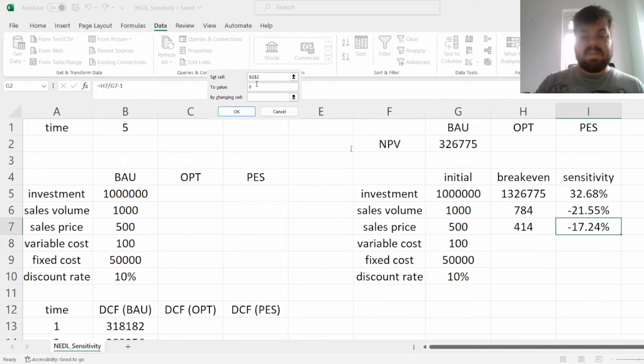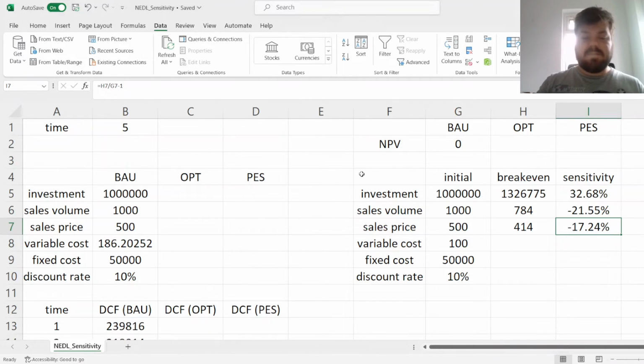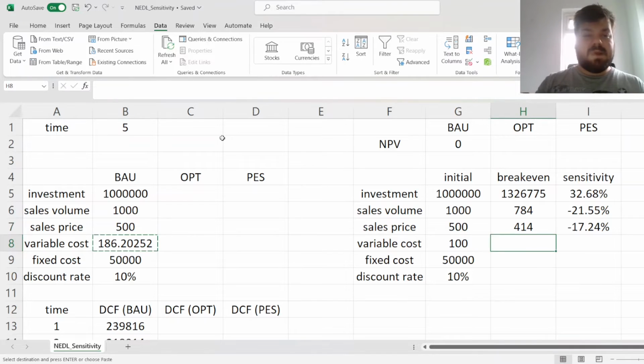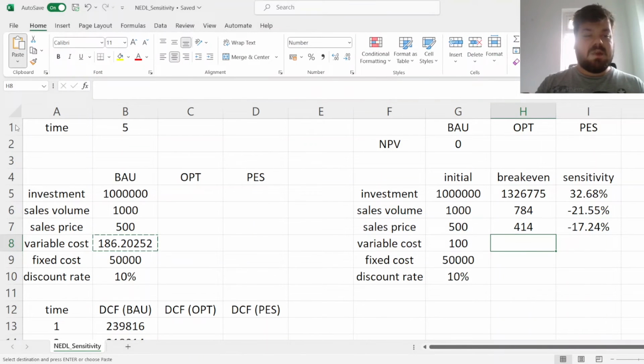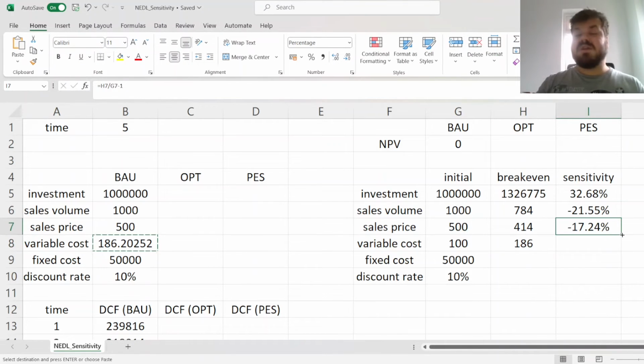Again, setting NPV to 0 by changing the variable costs cell. And here we can see that the project is actually quite resilient to changes in variable costs with a sensitivity of 86.20%. Variable costs can almost double and the project will still be profitable.